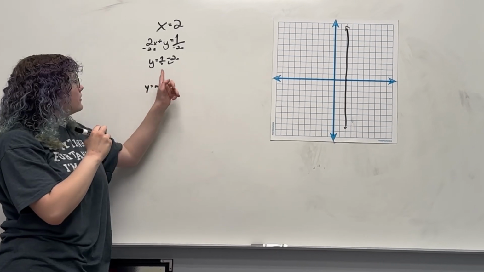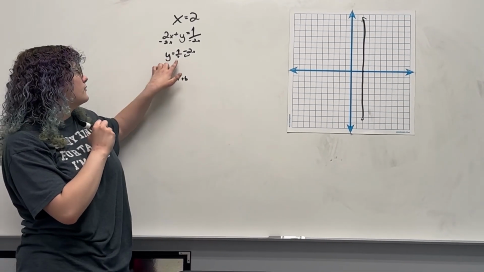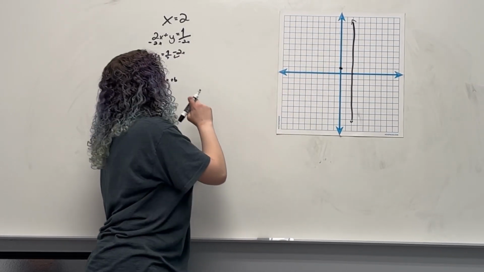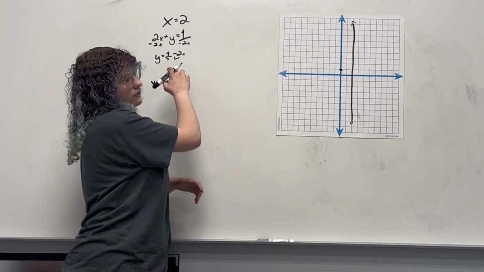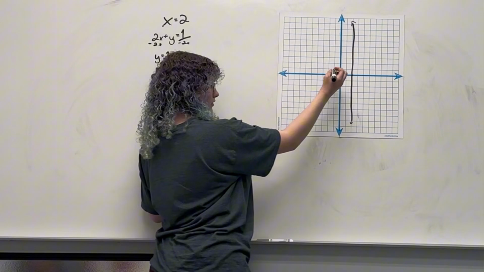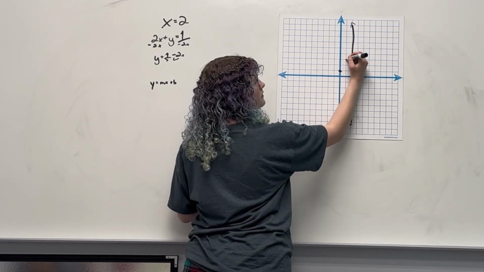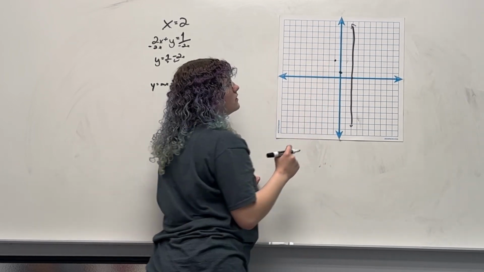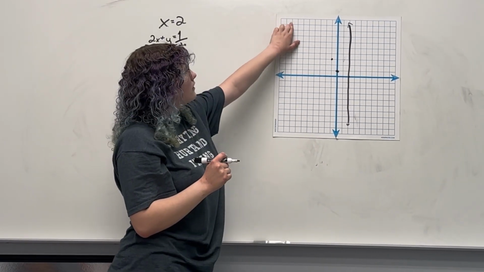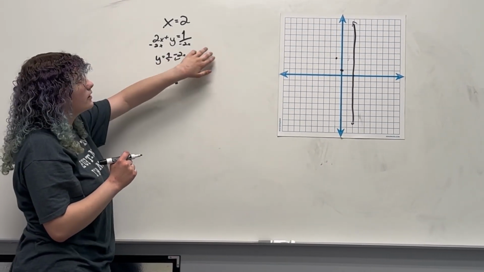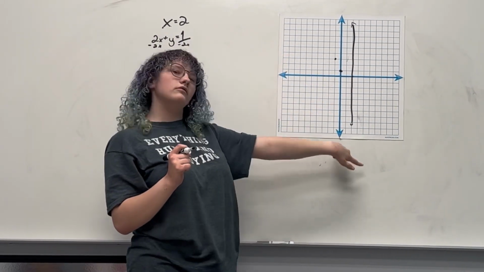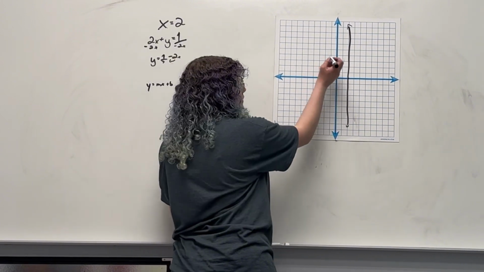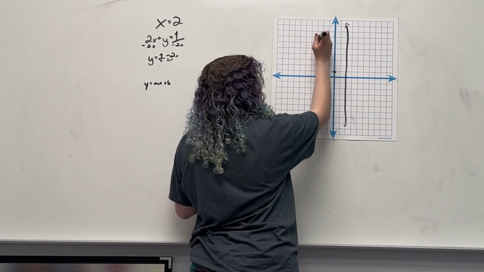And then for this equation, we're starting at 1, so that's your first point. And then because this is a negative 2, you're gonna go 2 up, so that's 1, 2 over 1 to the left. Because for a negative number, you want the line to be going down from left to right. So then we're just gonna finish off that line.